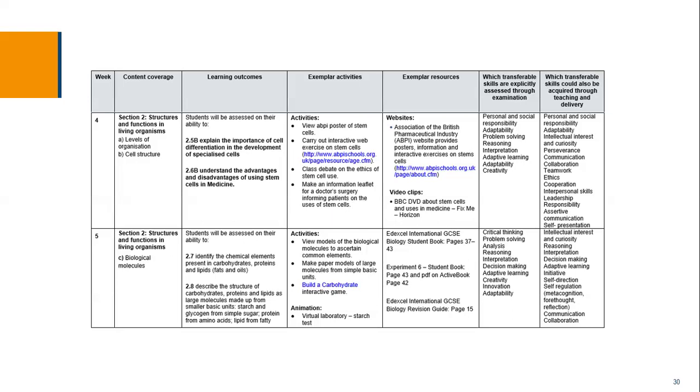You've then got transferable skills which are explicitly assessed through examination, and transferable skills which could also be acquired through teaching and delivery. So it's a scheme of work that gives you ideas of what you could bring into your lessons.